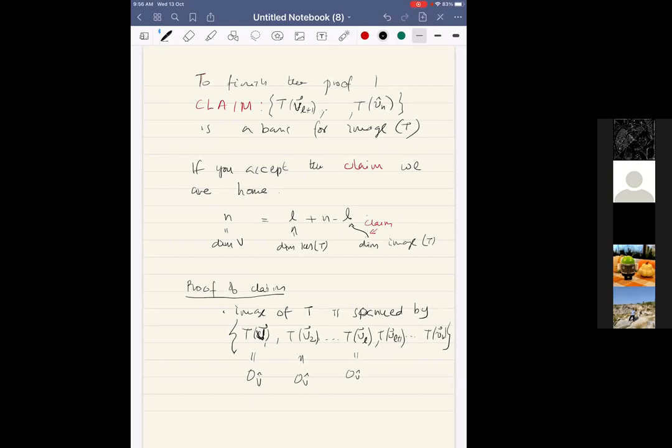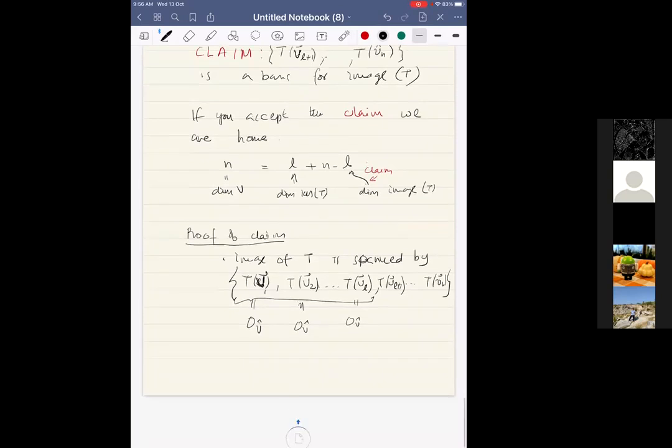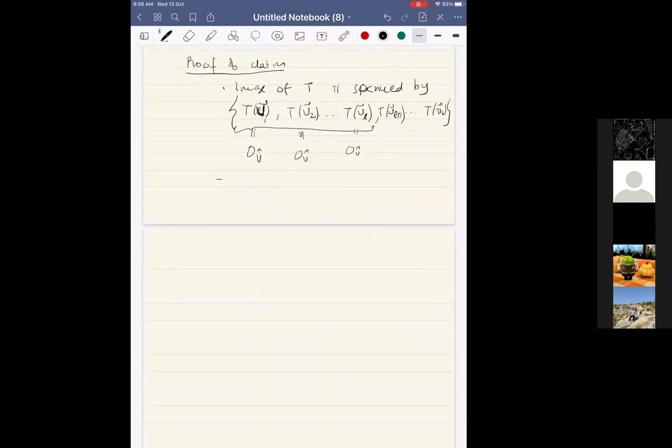So this means the 0 vector appears once in the set, but I can drop the 0 vector because the subspace generated does not change if I drop the 0 vector from a list of vectors. So this implies the image is generated by T VL plus 1 through T VN, just because the span remains the same, right?